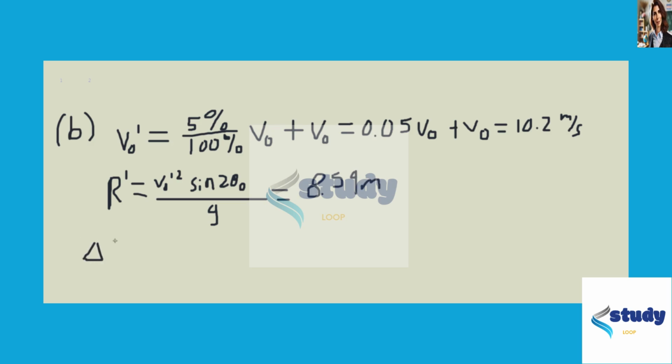But the question asks, how much further is the new value than the old value for the range? So we need to take delta r is equal to r prime minus the old range, which is equal to 8.59 minus the old range, which was 7.80.